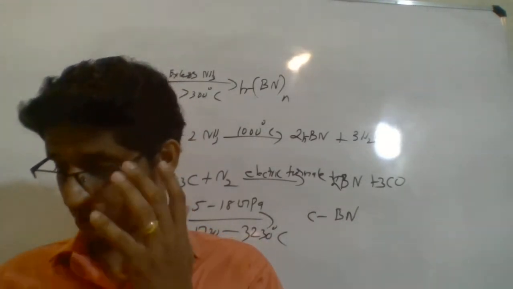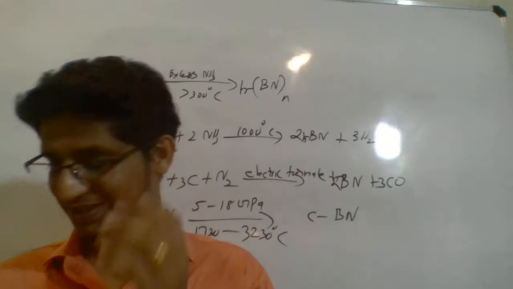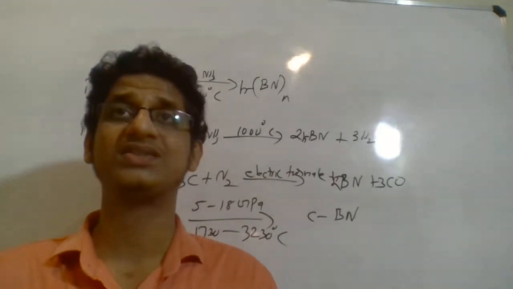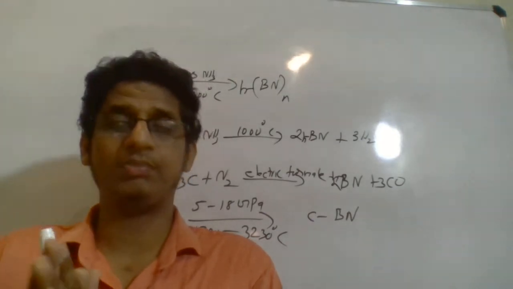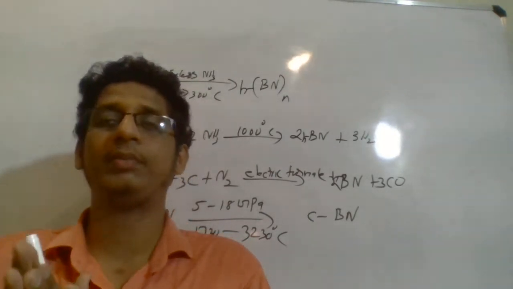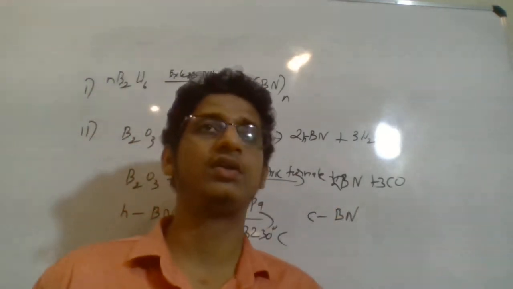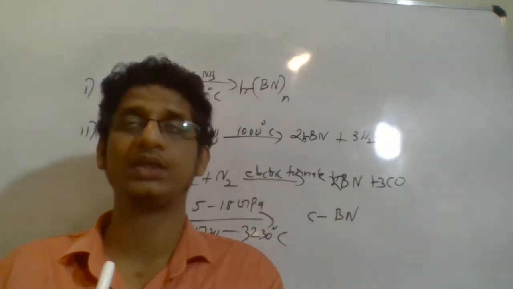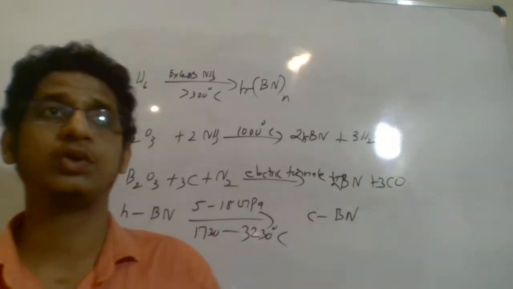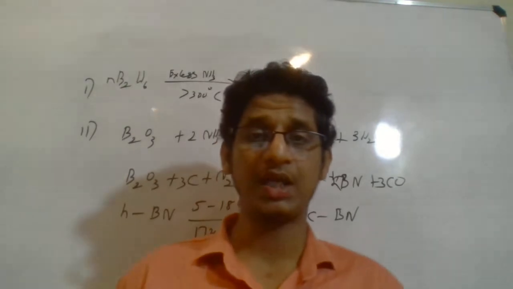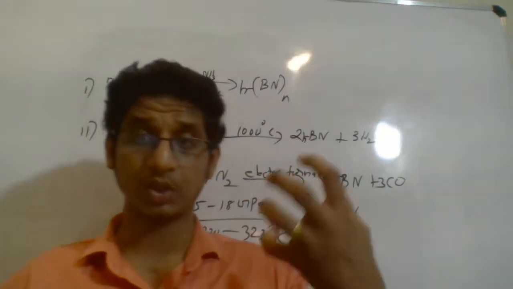Now properties. Yes, I told you it's the second hardest substance, a white crystalline solid, and it's thermally highly stable. That's something you have to remember. It's used for applications where high temperature resistance is required, especially this crucible, which we generally use in our chemistry lab, where it can withstand temperatures above 1000 degrees Celsius.